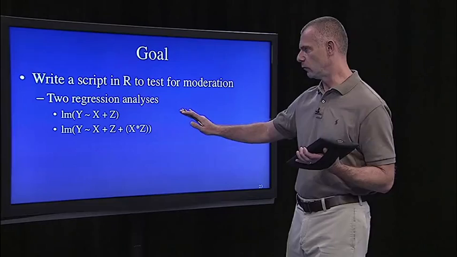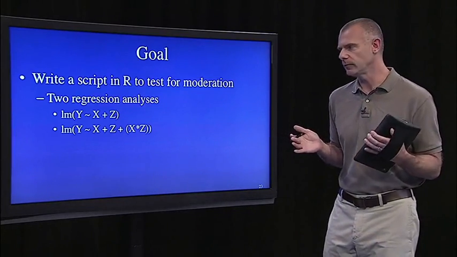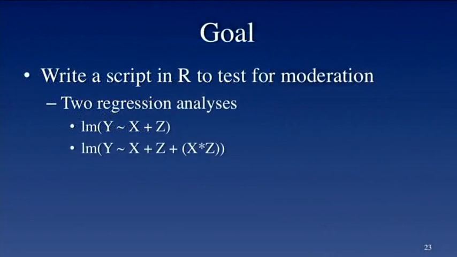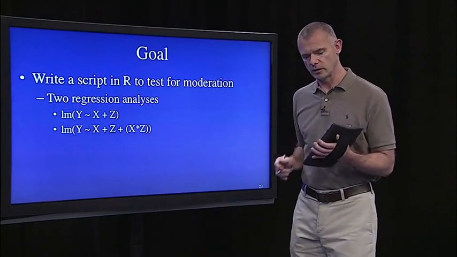So with respect to R and the functions we'll use, again, it's just the LM function. And here we just have to run two regressions and see if we can account for more variance after adding the moderator and the product of the moderator variable and the main predictor versus not having that product term. So we're just going to run two regression analyses.